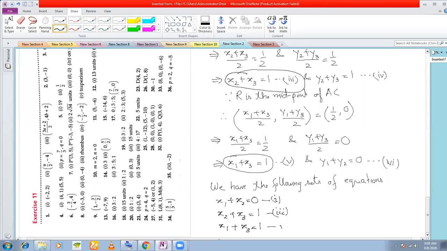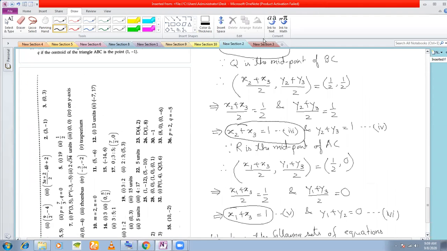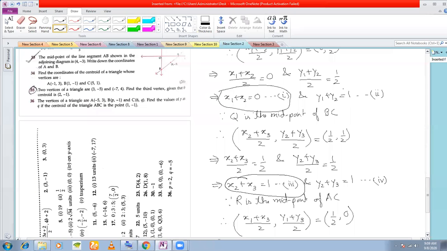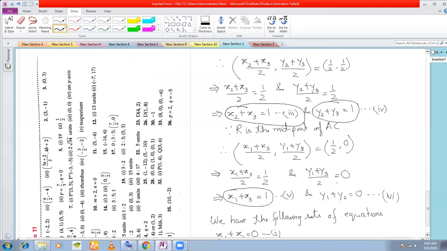And we write the other set in y together. Okay, the other set in y, you have this equation y1 plus y2, then you have y2 plus y3, and then you have y1 plus y3.